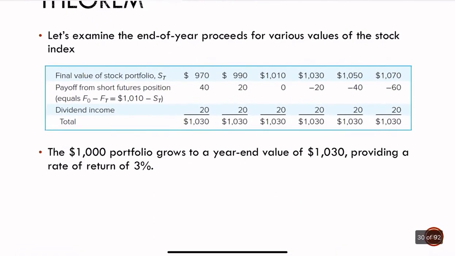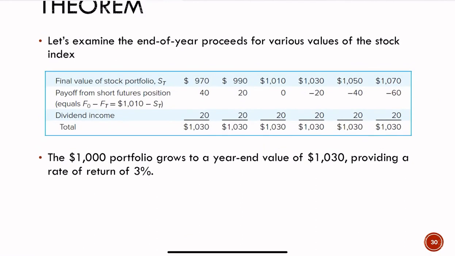So you can see that through this table, we are thinking about different scenarios. Let's say we are examining what would happen if the value of your equity position will be 970.